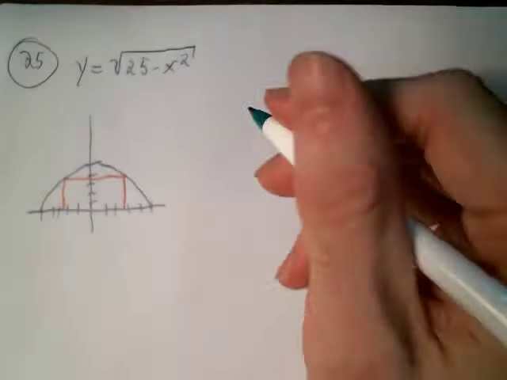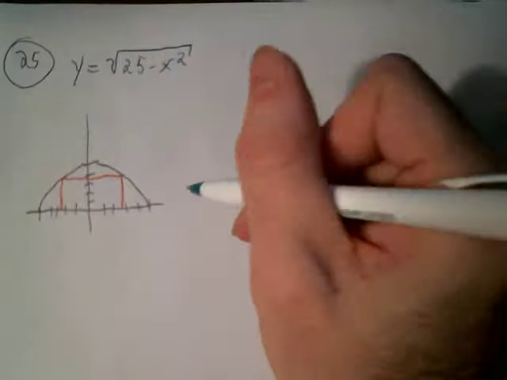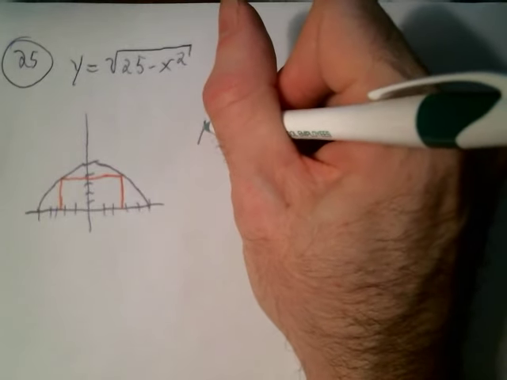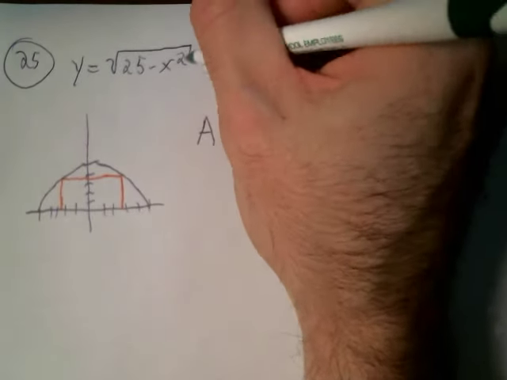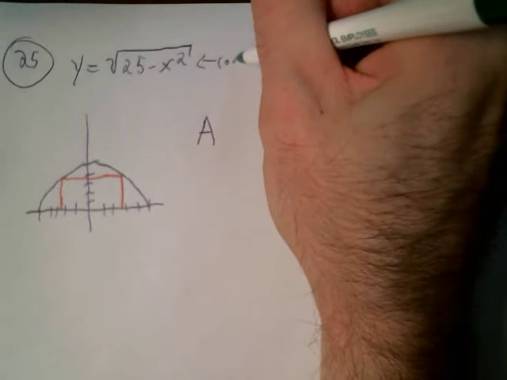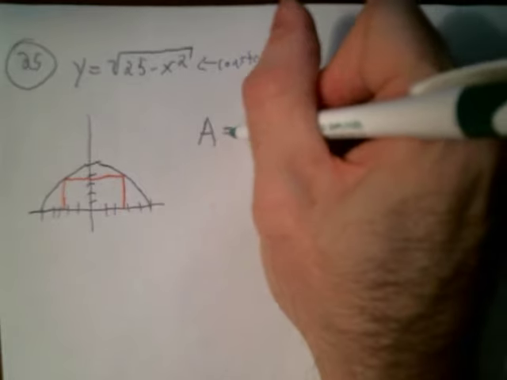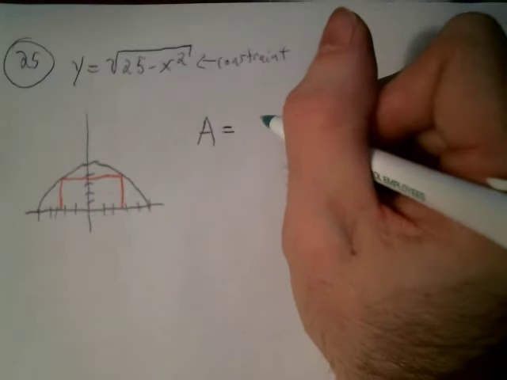Okay, so the formula we're trying to optimize, and this will be our constraint. But we're trying to optimize the formula, area equals base times height.